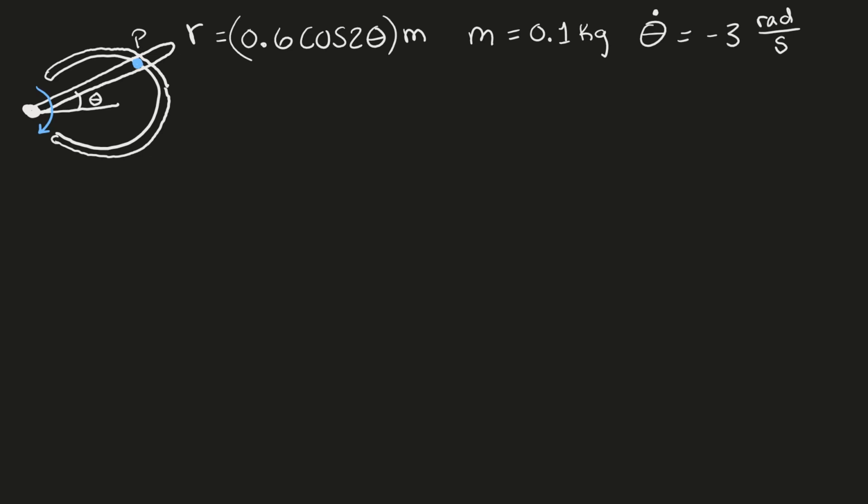Alrighty, so let's see what we can do here. So I sort of have a systematic way that I go about solving these problems. I have several steps that I follow.